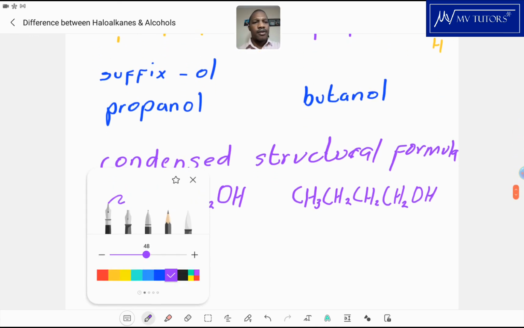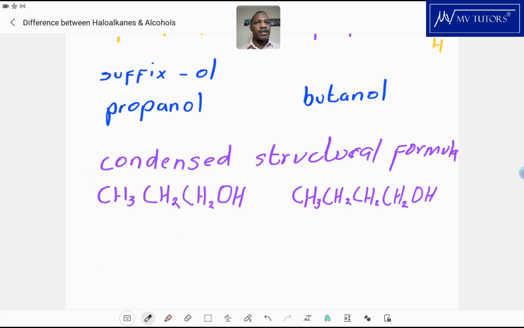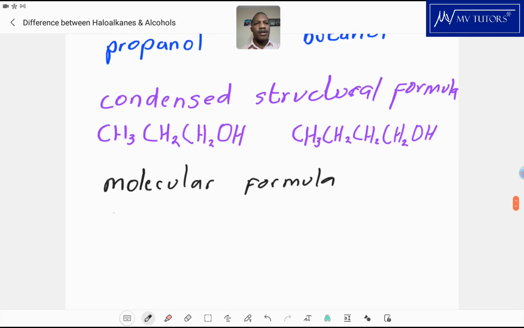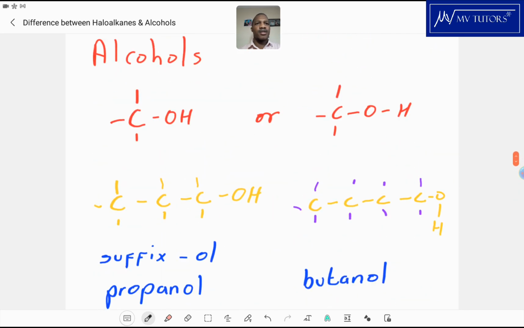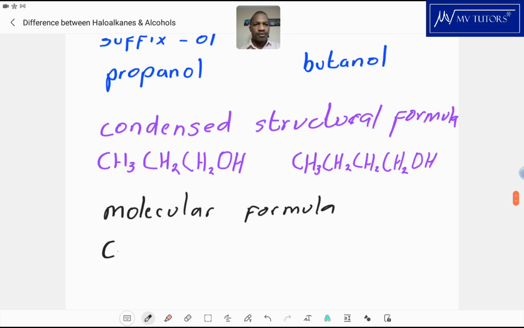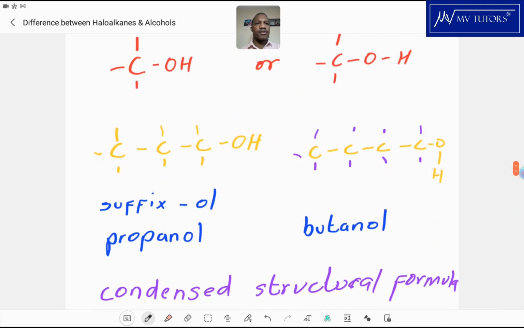Right. Now, the last thing to discuss then is the molecular formula. Okay, so the molecular formula, you count the number of C's. Here you have 1, 2, 3, 3 C's. How many H's? You can count 1, 2, 3, 4, 5, 6, 7, 8.